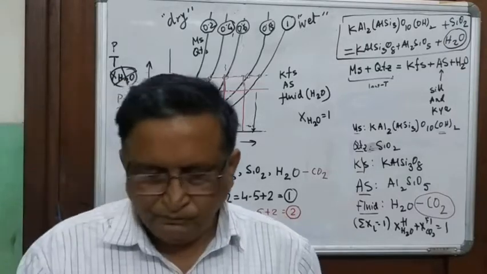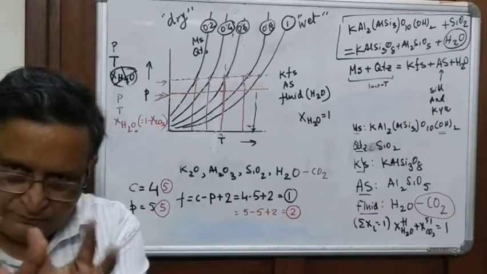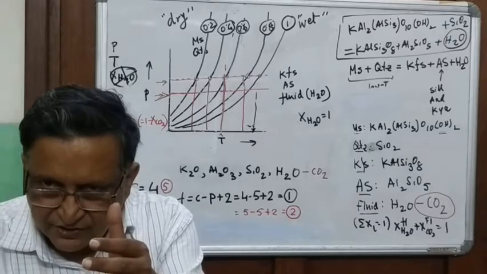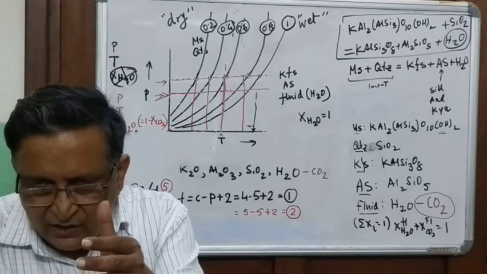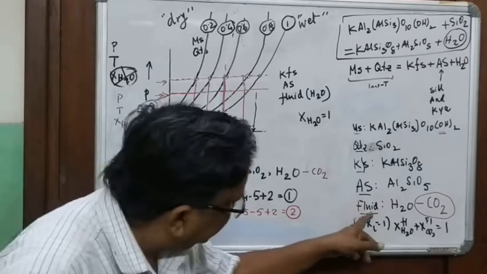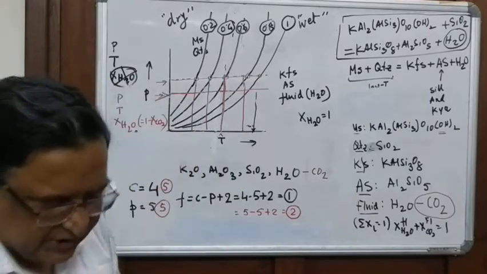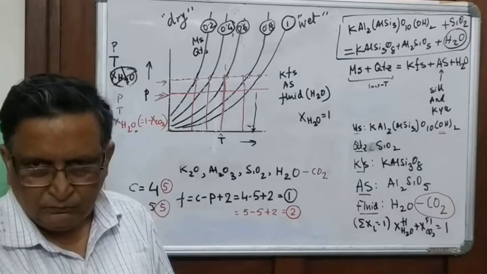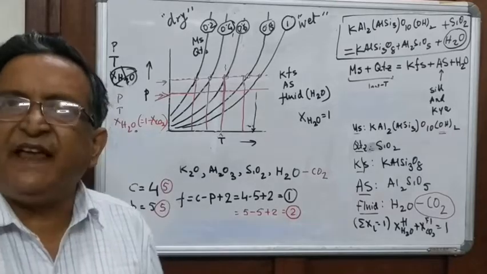Now, if we use this idea, mineral present, mineral absent. Mineral present, sigma xi is equal to 1. That means, say for example here, we can therefore consider a fluid which does not exist as a phase.